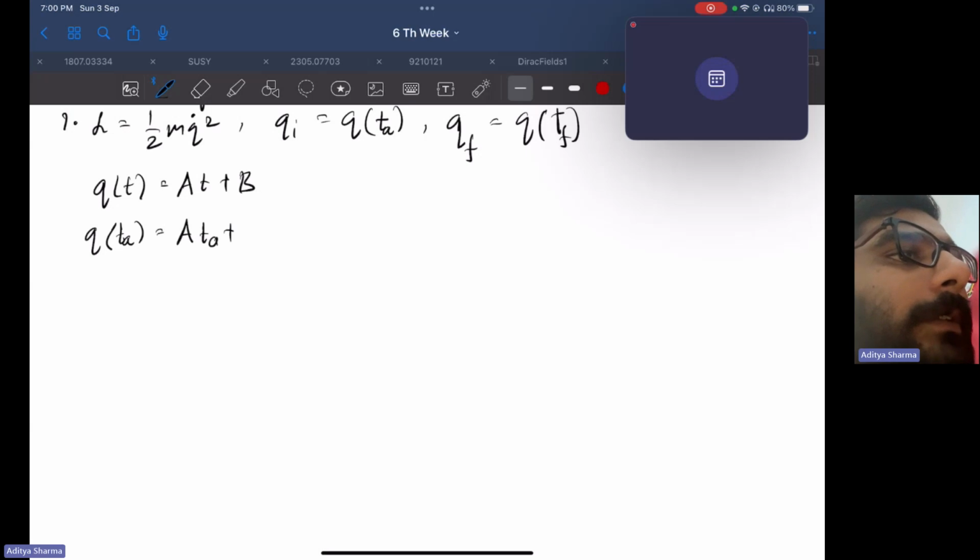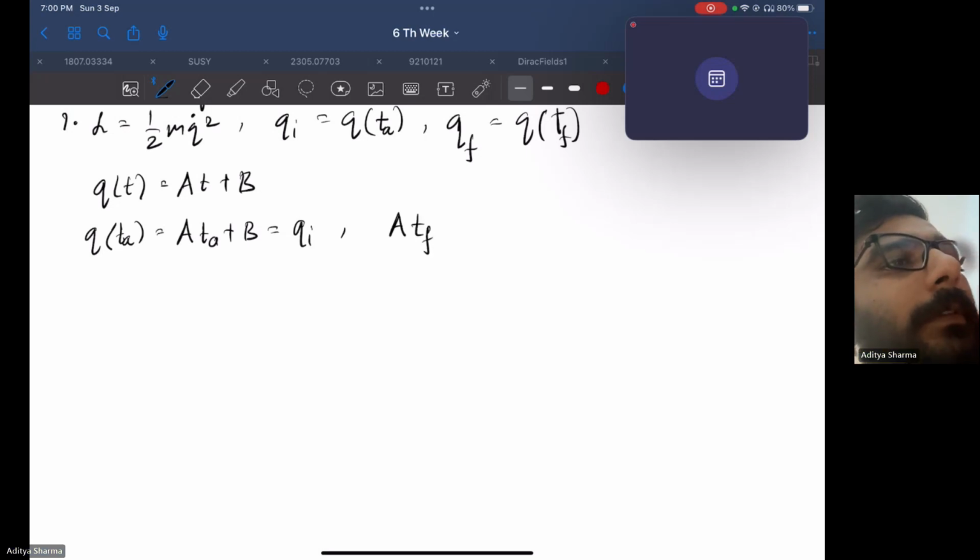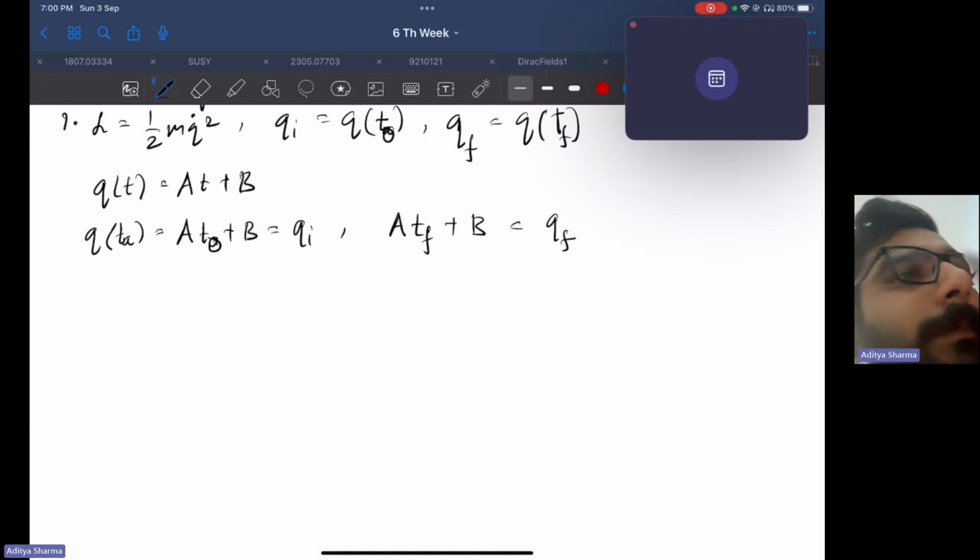Of TA plus B is equal to QI, and A of Tf plus B at T0 plus is equal to QF.